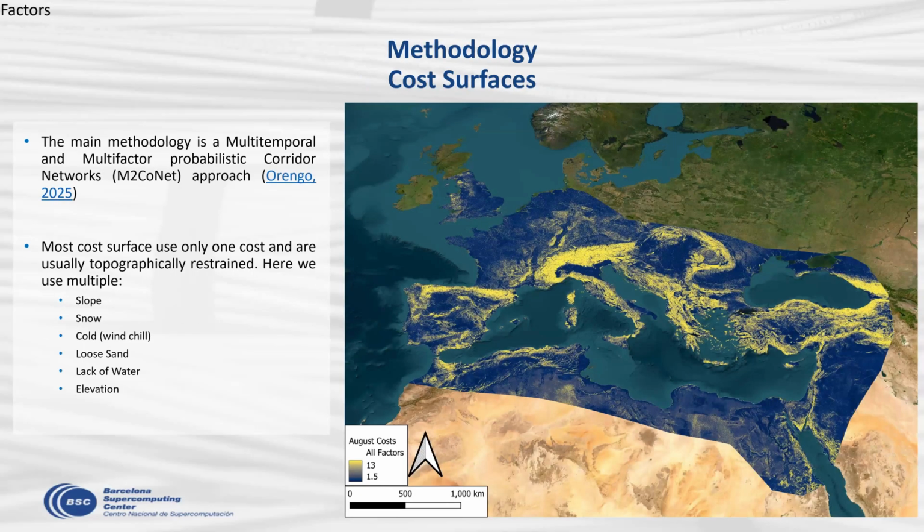So the methodology is multi-temporal and multi-factor, and I'll talk about both of those things. Most cost surfaces, and this is what we have here, a cost surface for anyone who's not sure, is basically a grid of cells or pixels that each has a value.